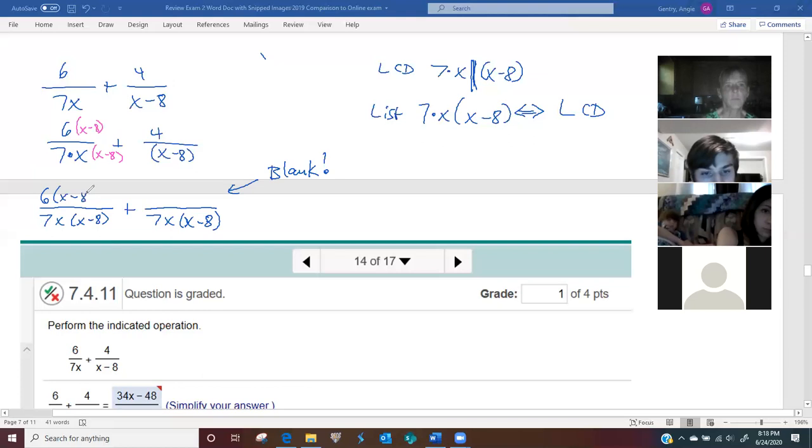Now for the next one, what happened from here to here? What's missing? 7x. This really helps me see it. So times 7x.